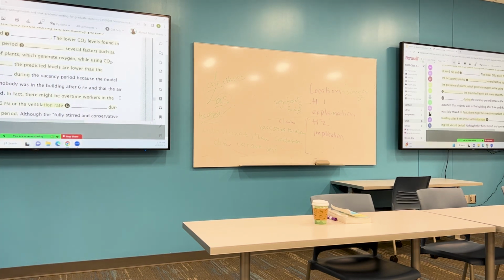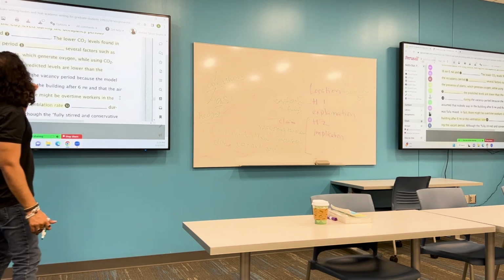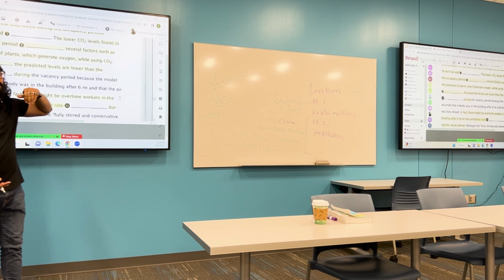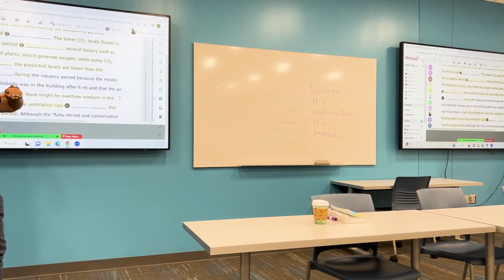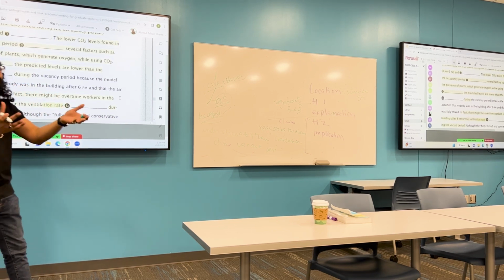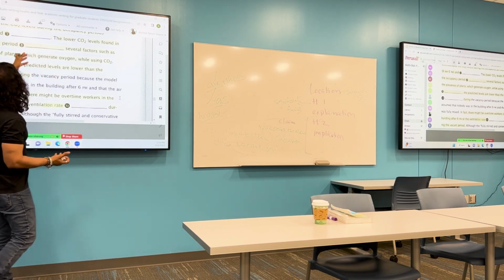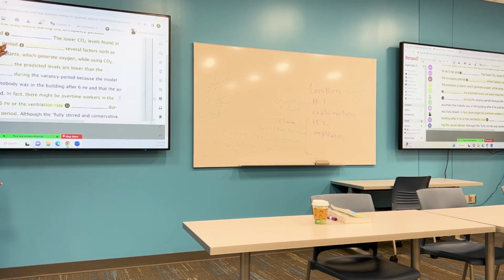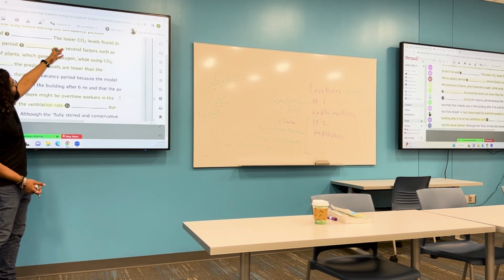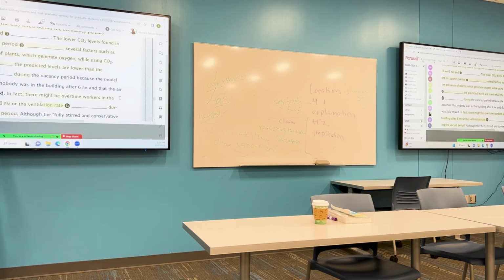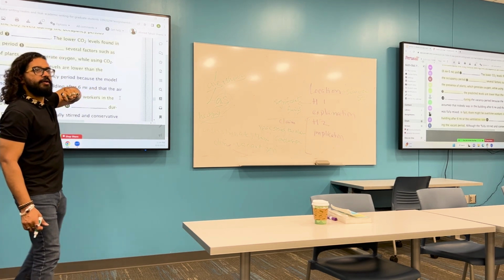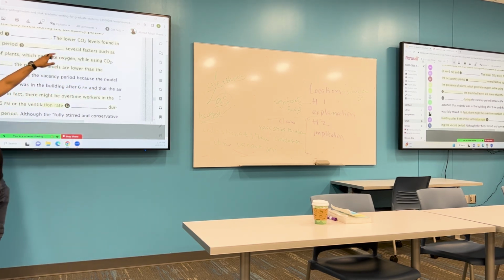What if you use suggest? Just like suggest, but then you cannot use due to. Suggest is not an auxiliary, like maybe is an auxiliary. Then we don't need a verb here: the lower levels found in the occupancy period suggest several factors. It's a complete sentence, or you need to allude to, so you can reconstruct it.